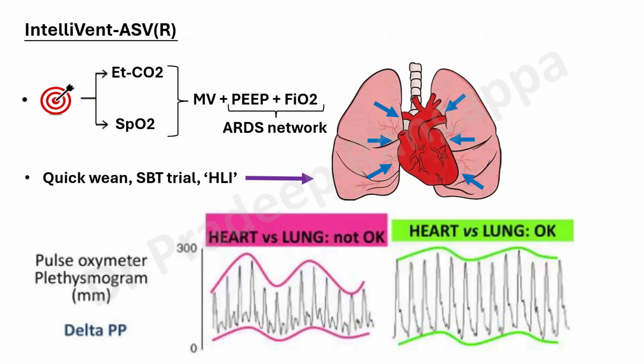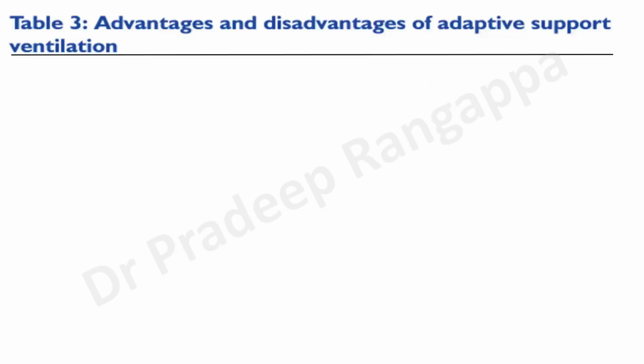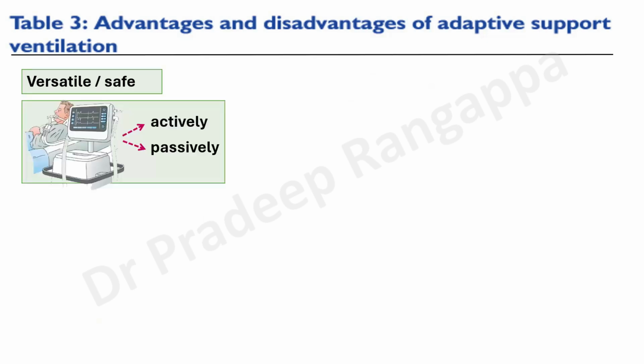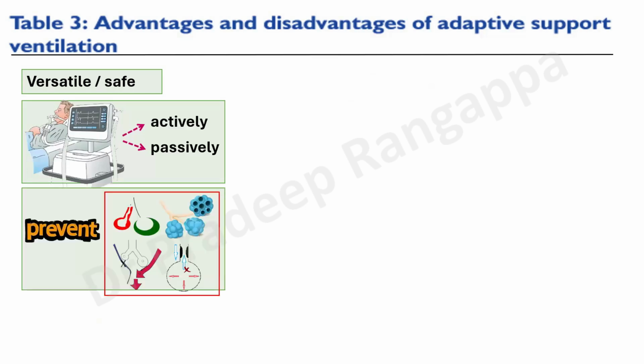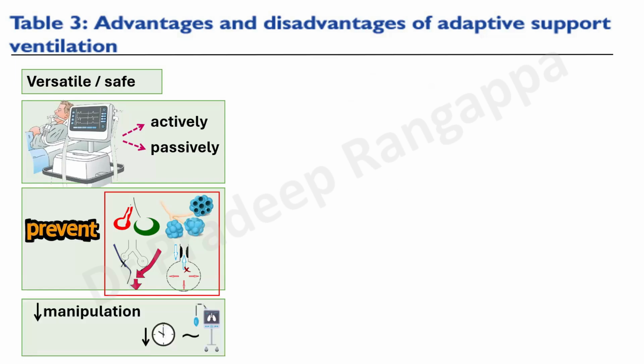So now we'll move into the advantages and disadvantages of adaptive support ventilation. The advantages: it is versatile and safe. It can be used for actively breathing patients or passively ventilated patients. And as I suggested, adaptive support ventilation prevents all sorts of injury to the lungs like volutrauma, barotrauma, dead space, or auto PEEP.